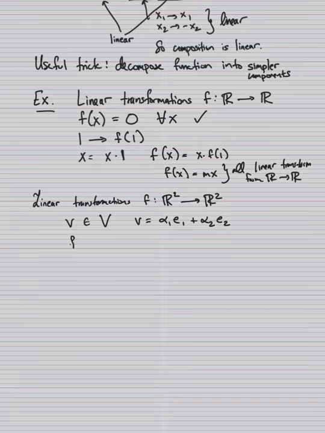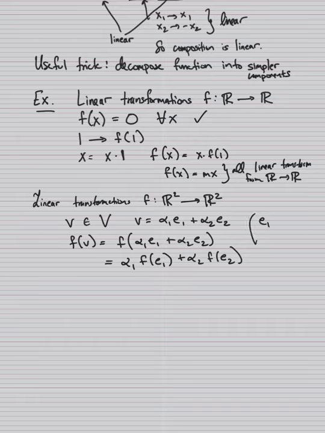So f of v is f of alpha 1 e1 plus alpha 2 e2, and by linearity, this is alpha 1 f of e1 plus alpha 2 f of e2. Where e1 here is (1, 0) and e2 is (0, 1). I could have chosen a different basis for R2, but I'm choosing the standard one for now.